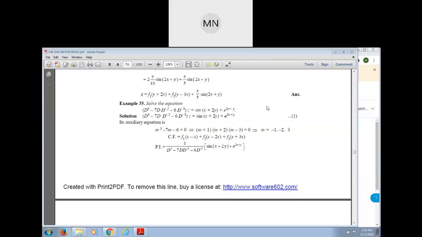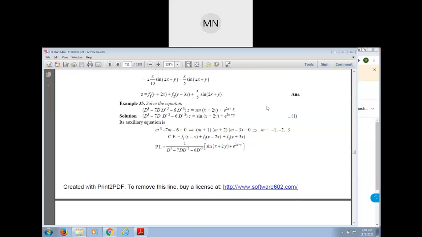I think in one class I have solved such a type of equation. First you have to try m equals 1. Put m equals 1, then it is not equal to 0. So we try m equals minus 1.